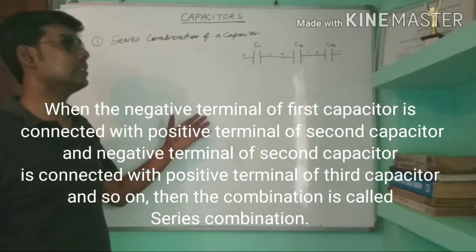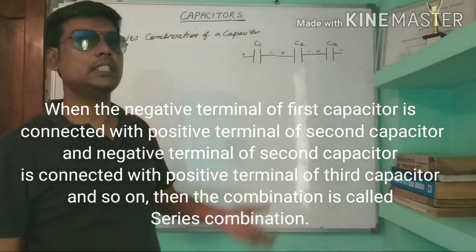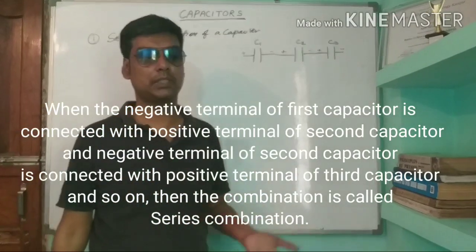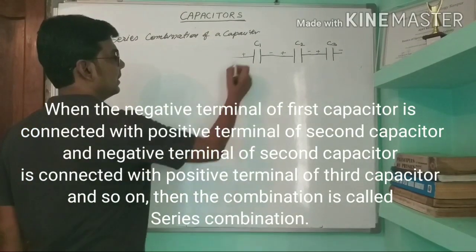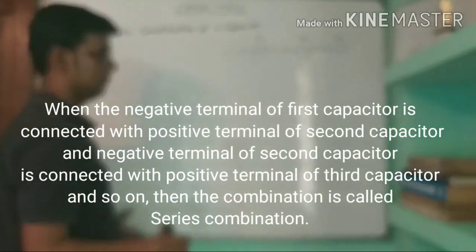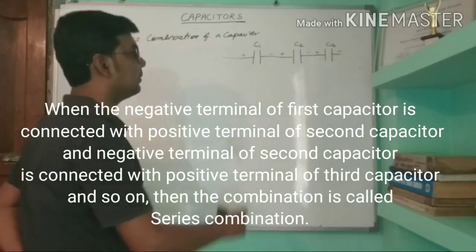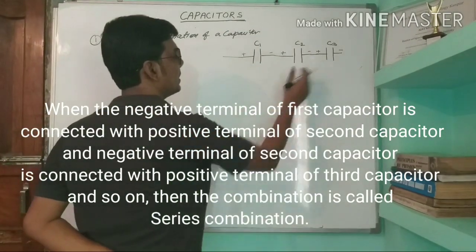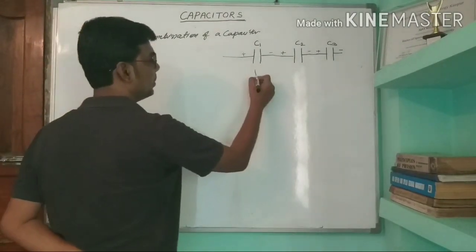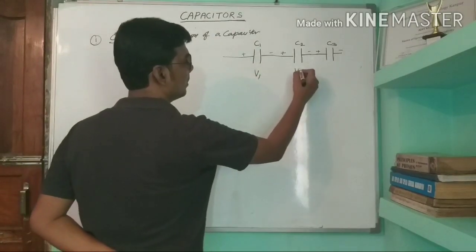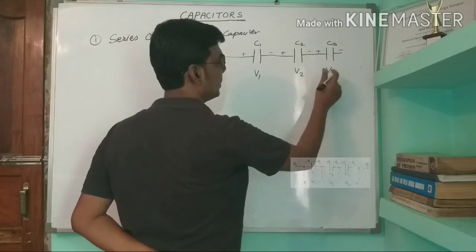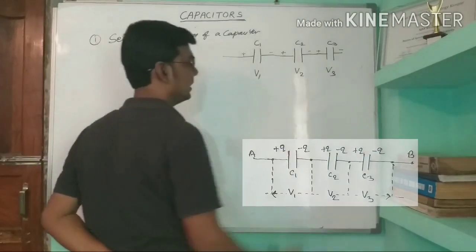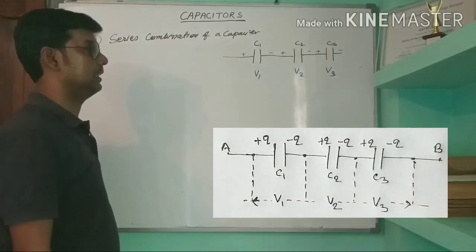This kind of combination is known as the series combination of capacitors. Now, if we connect it through a circuit, what will be the potential difference across each capacitor? Suppose this one is V1, the potential difference across this capacitor is V2, and the potential difference across this C3 capacitor is V3.